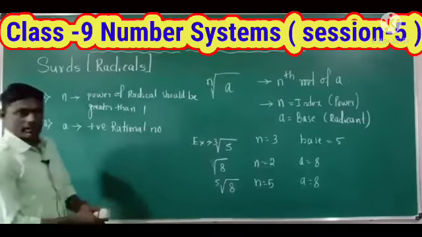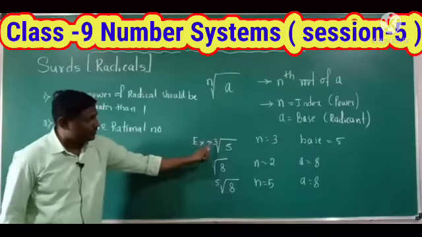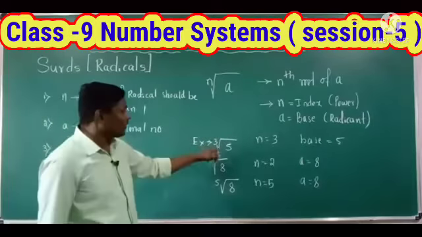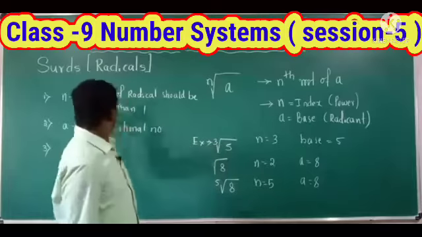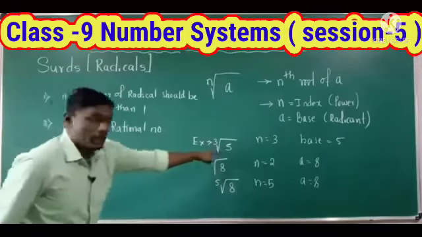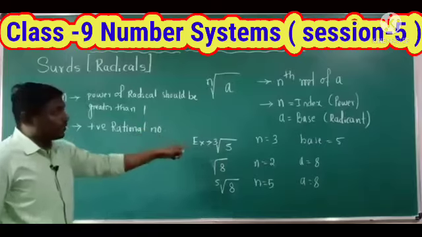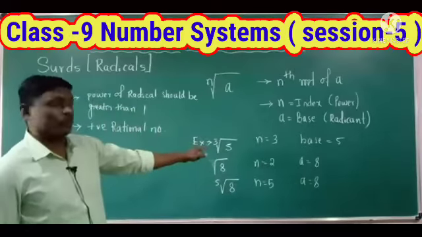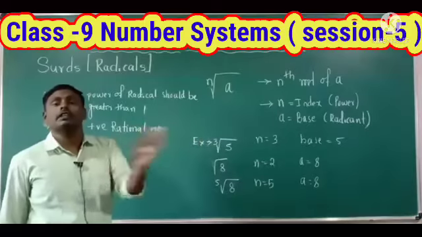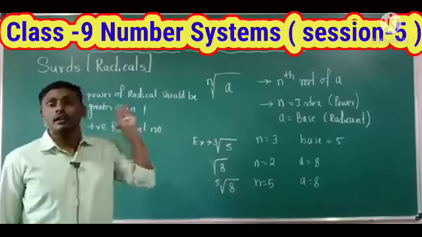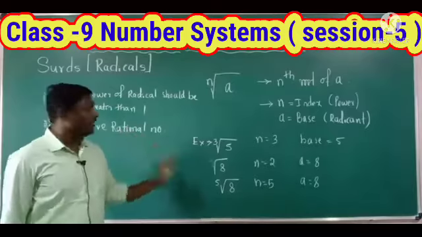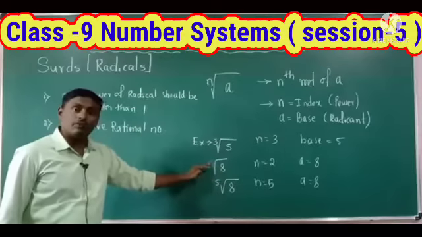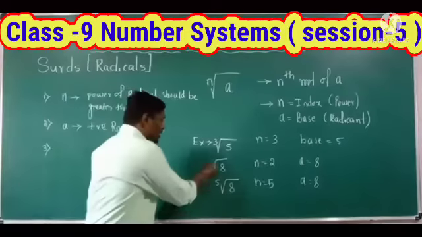It means here we have some examples. 3 is the power of the radical here, which is greater than 1, and 5 is a purely positive rational number. If you consider negative rational numbers, they are not considered radicals. Next one, 8 is a positive rational number and the power of the radical is 2.